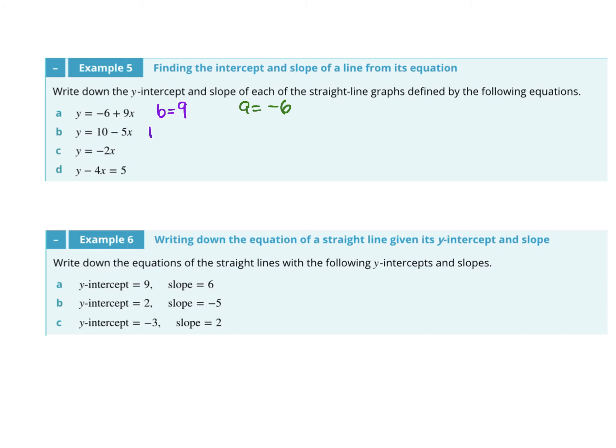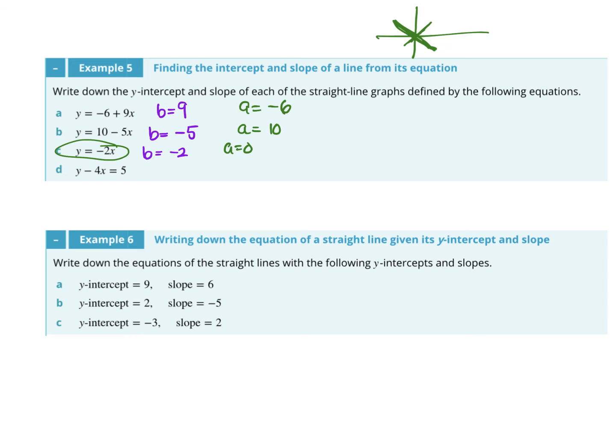In the next one, the b value is -5 and the a value, or the intercept, is 10. The last one has a b value of -2, and the a value is 0. It's going through 0, 0, and it's negative, so it's going down through the origin.